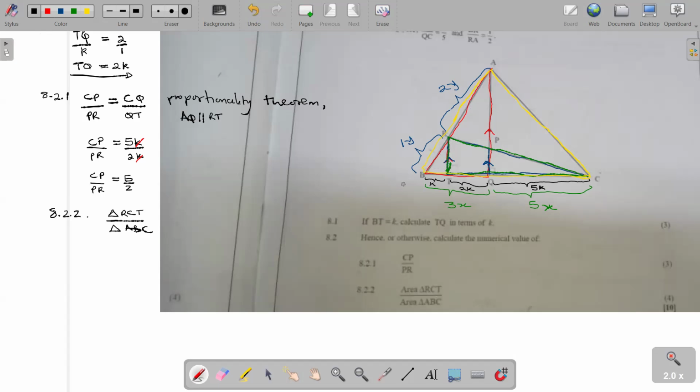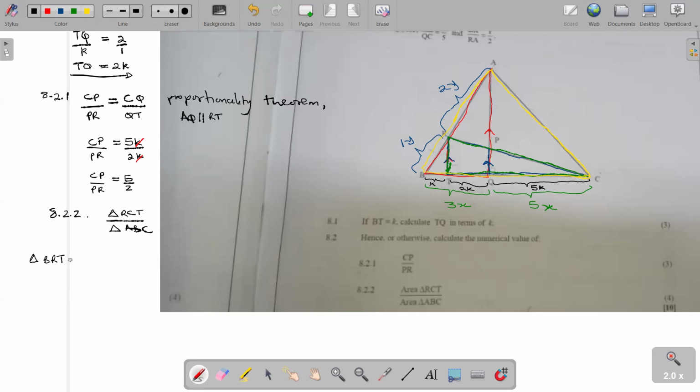So in other words, in this case, we can see that the area of triangle BRT, if you check, BRT is sharing a common angle with the triangle ABC. So it's easier for us to deal with that.